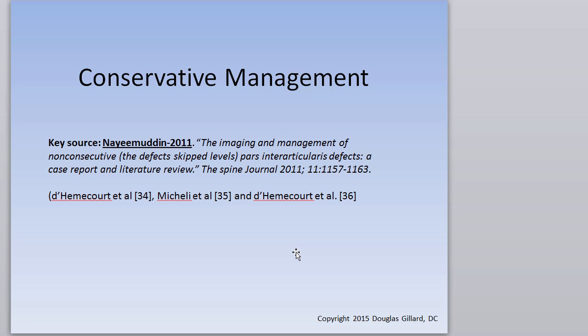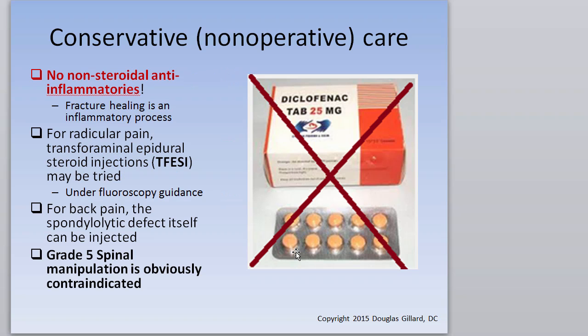Definitely know how to take care of a spondylolisthesis. They're going to come into your office. You need to know what to do with them. You don't give them steroids, right? Or you don't give them NSAIDs. Why? Because when a bone heals, the first step in healing is an inflammatory process. So if you snuff out the inflammatory process with NSAIDs, you're going to inhibit healing. So their primary doc probably gave them NSAIDs.